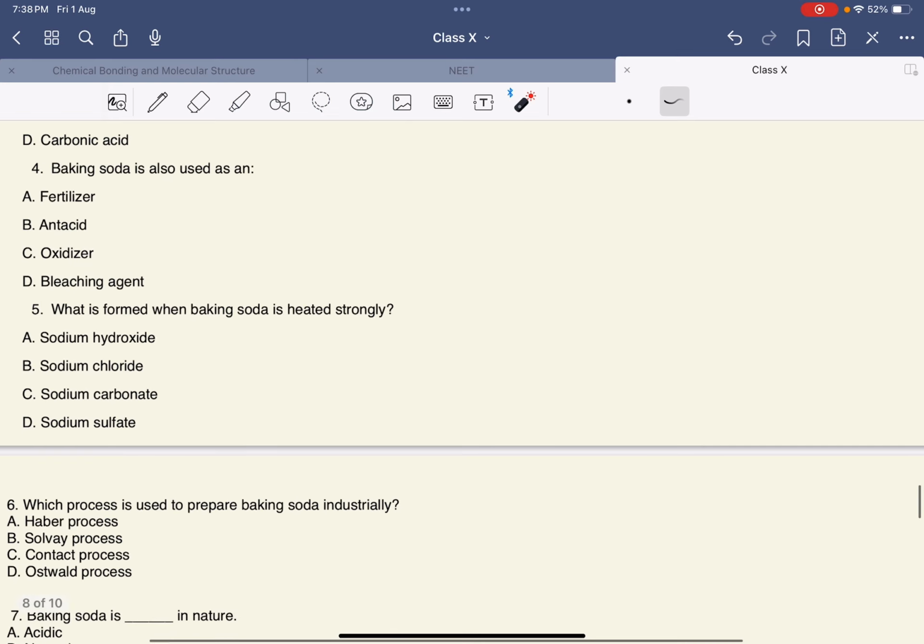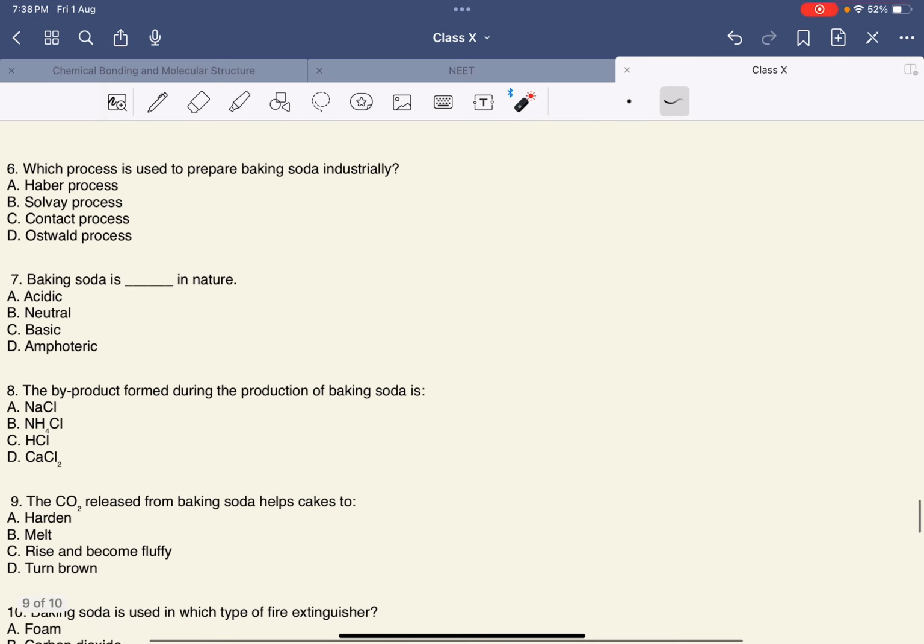So, please identify the answer. What is formed when baking soda is heated strongly? Sodium hydroxide, sodium chloride, sodium carbonate, sodium sulphate. Which process is used to prepare baking soda? Haber's process, Solvay process, contact process, Ostwald process. Baking soda is dash in nature: acidic, neutral, basic or amphoteric.